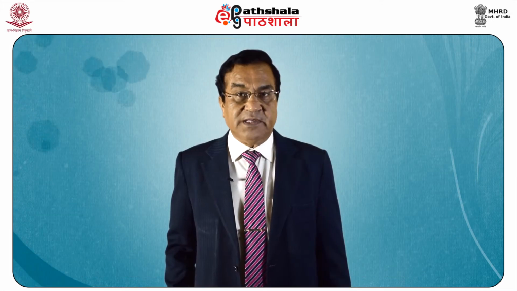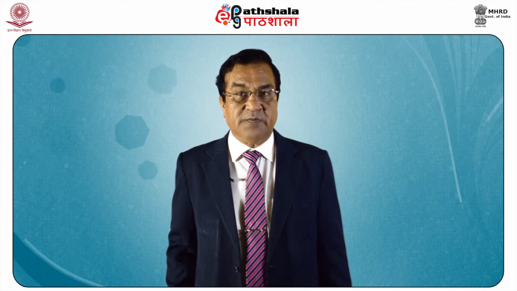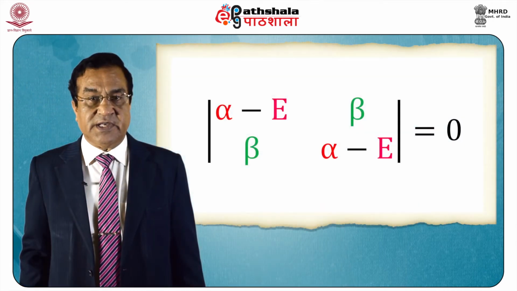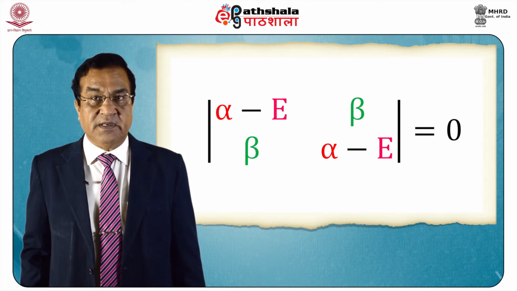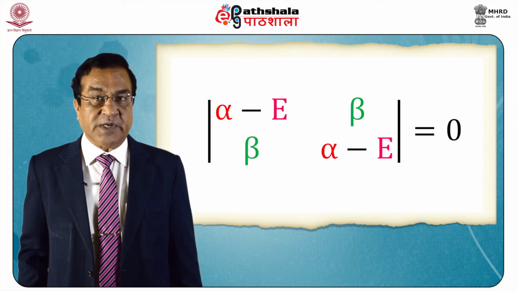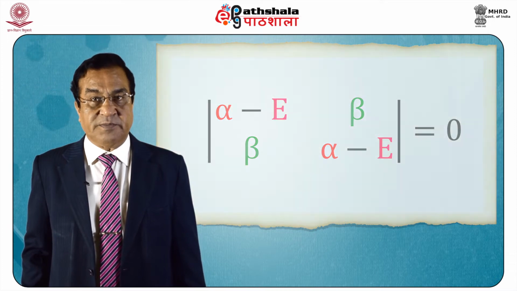Once we apply these Huckel approximations, the secular determinant gets simplified and becomes, as you can see here, the first row alpha minus E, beta, and the second row beta, alpha minus E. Please remember, this is a simplified form of the secular determinant after incorporating Huckel approximations.